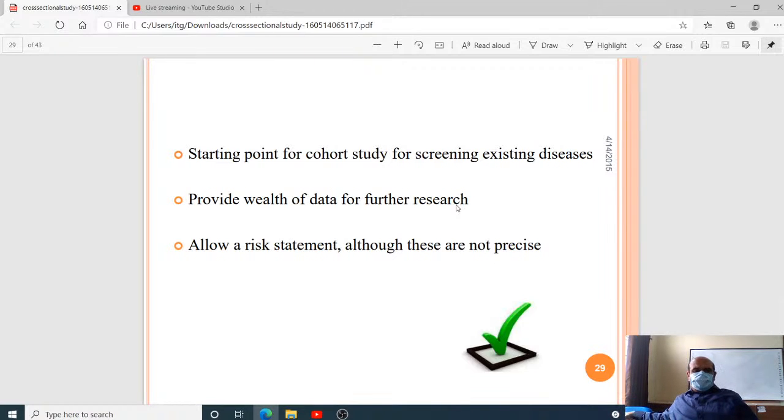It provides a wealth of data for further research, and it allows risk statements, although these are not very precise.